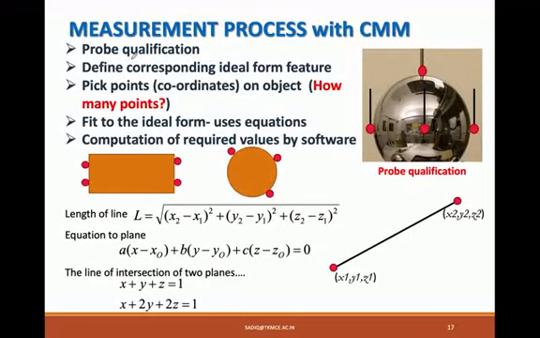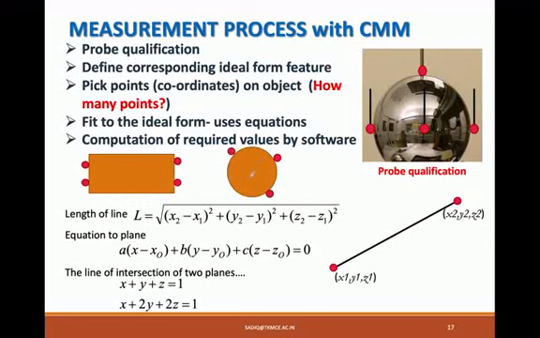The second process is to define the corresponding ideal form feature. That is, if you want to measure the radius of an object, we have to convey to the machine that we are going to measure the radius of curvature of a circle, so that when we touch many points in three-dimensional space, it will fit those points to a circle equation, and based on the circle equation it will compute the values.